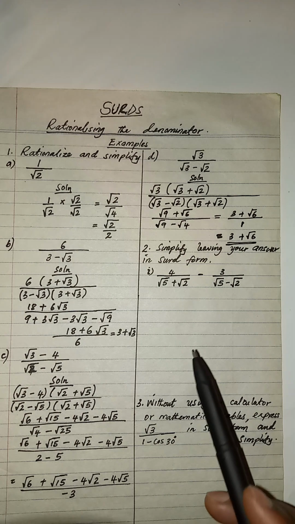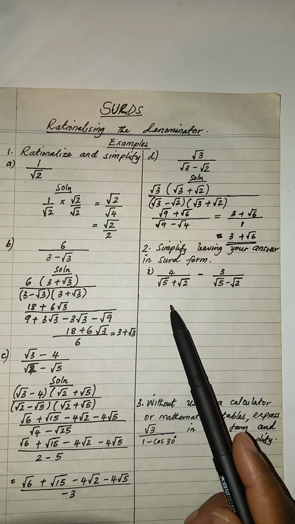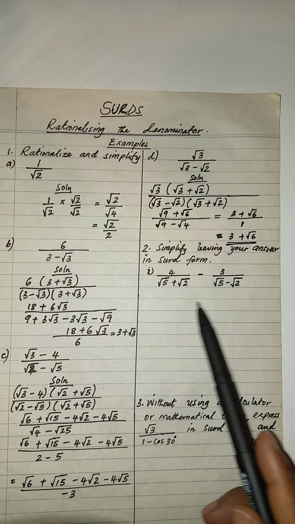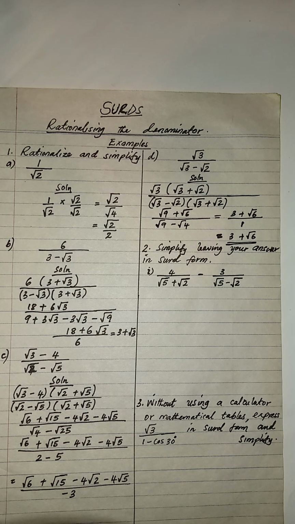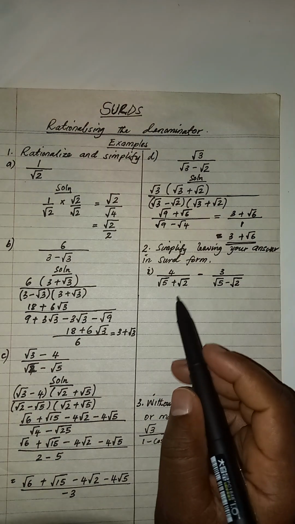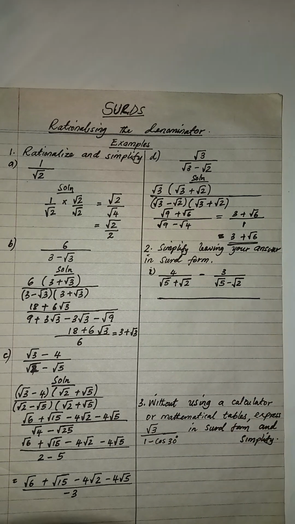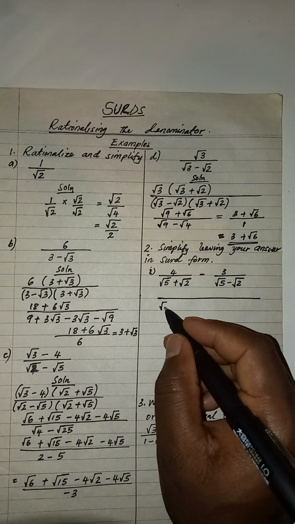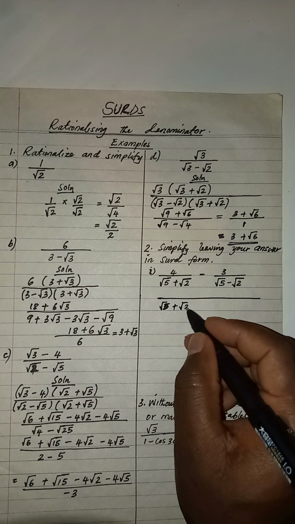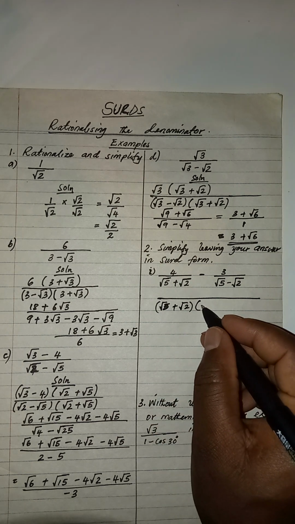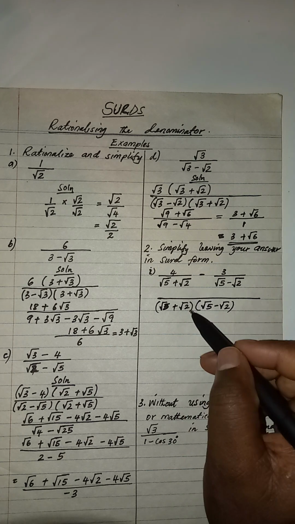Question 2. Simplify, leaving your answer in surd form, that is 4 all over root 5 plus root 2 minus 3 over root 5 minus root 2. So we can simply say that the whole of this, the LCM is root 5 plus root 2 into brackets root 5 minus root 2.